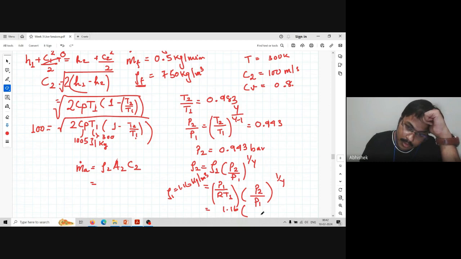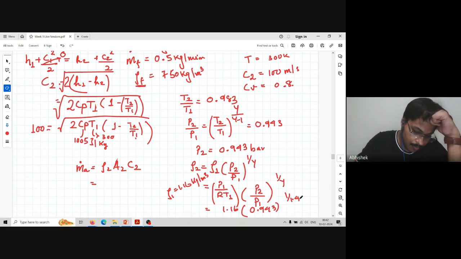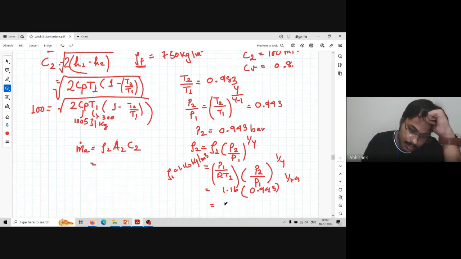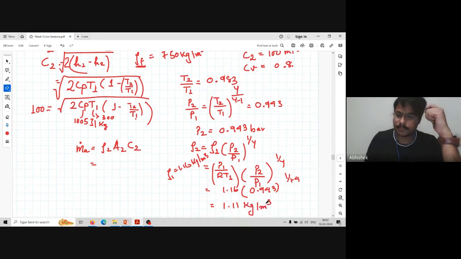We already have this, 0.943 to the power 1 by 1.4. You will get rho 2. I'm getting 1.11 kg per meter cube.